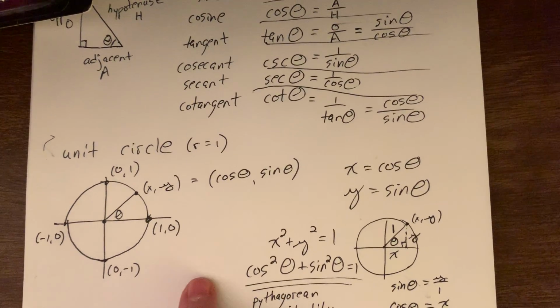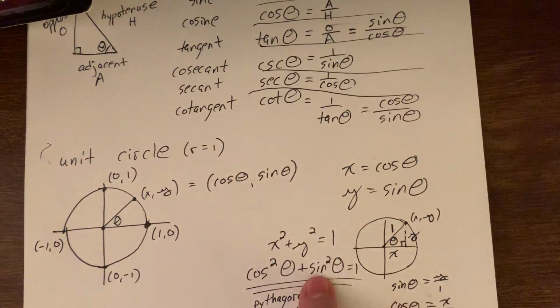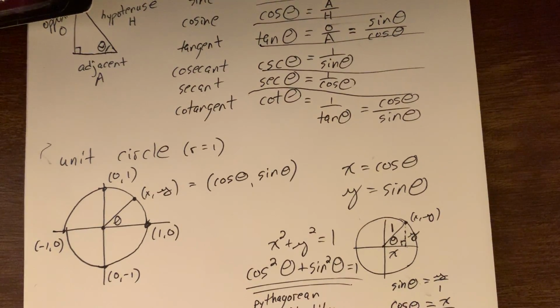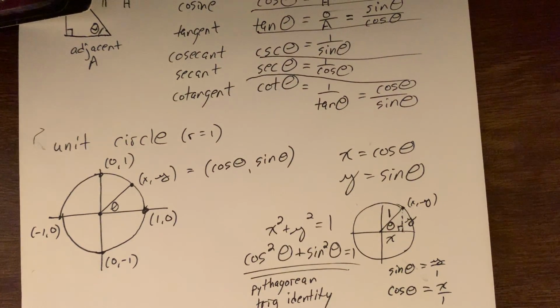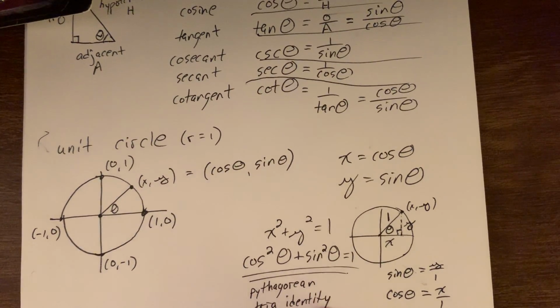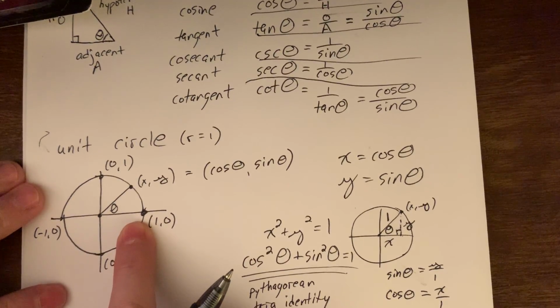I can go back, divide everything by sine squared, and I get cotangent squared plus 1 equals cosecant squared. So I could keep playing a lot of games here with that, but this is the primary identity we must know, and that comes as a direct result from this setup for our trig functions.